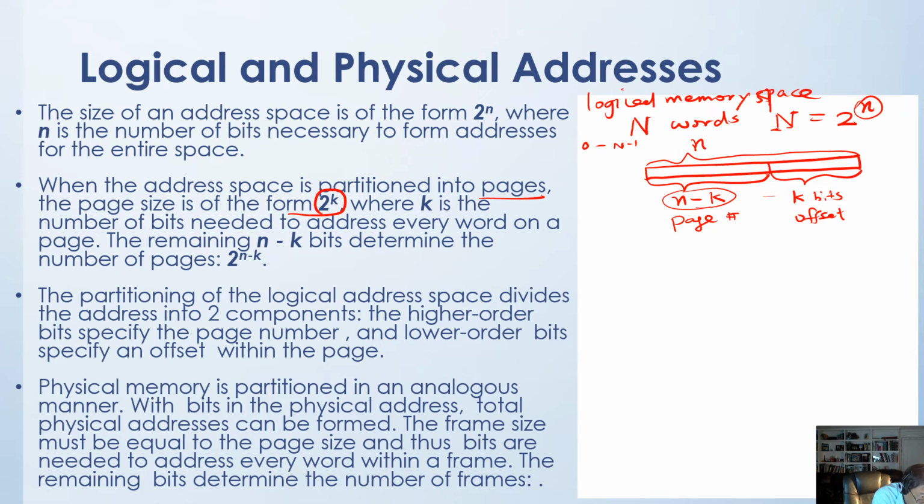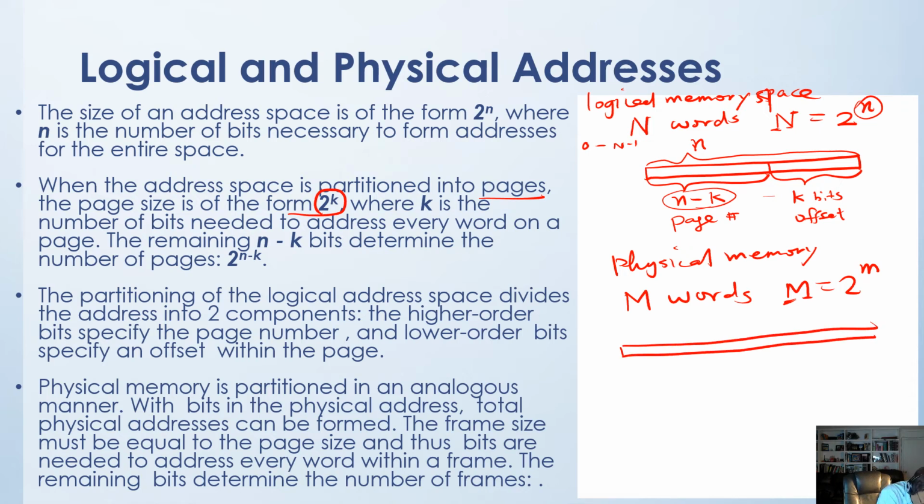Okay. Now for the physical memory, if the physical memory contains capital M words, where capital M equals 2 to the m, then the physical memory uses m bits. If we want to make sure paging works, you have to make sure the frame size is the same as the page size.